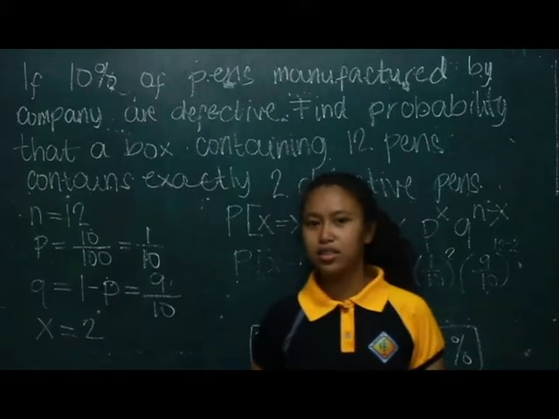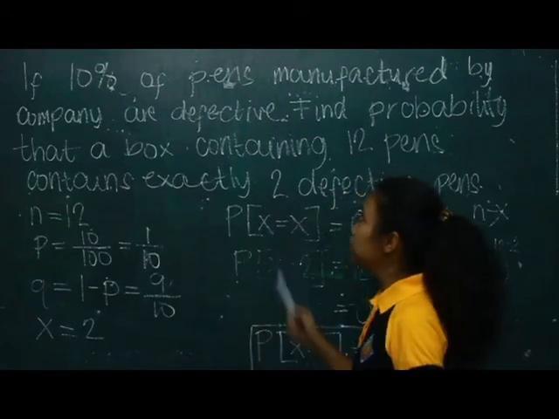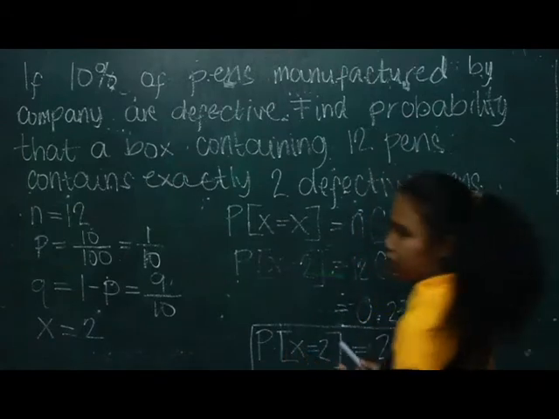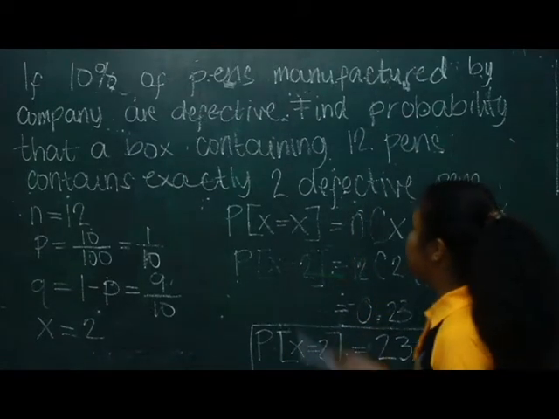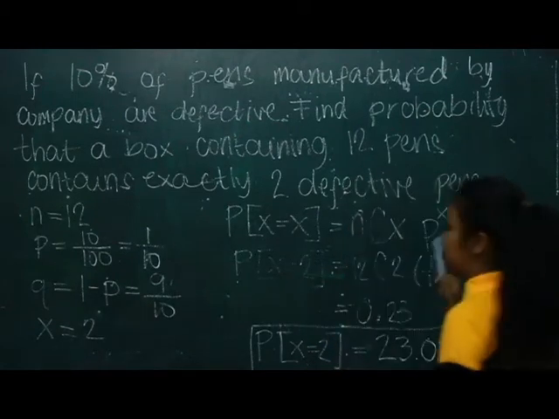So here's another example of a binomial distribution. The problem is, if 10% of pens manufactured by a company are defective, find the probability that a box containing 12 pens contains exactly 2 defective pens.